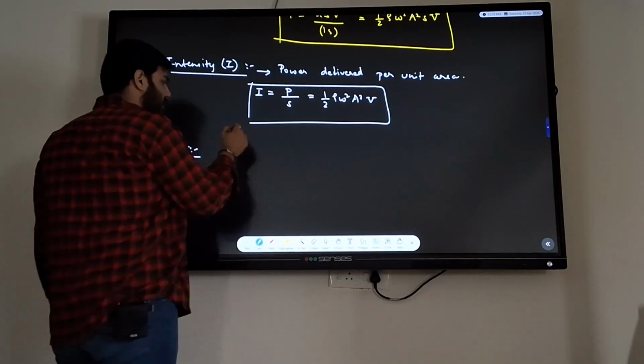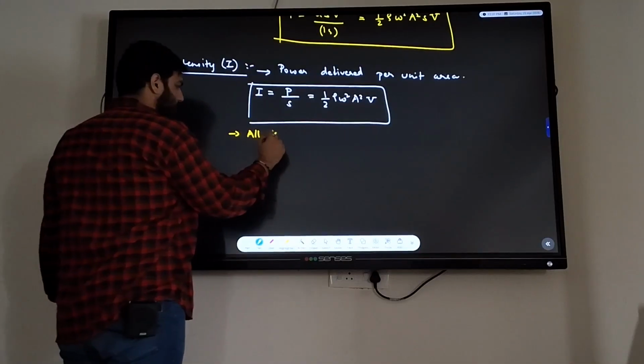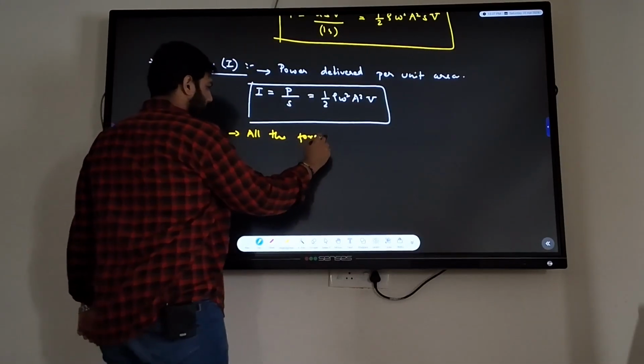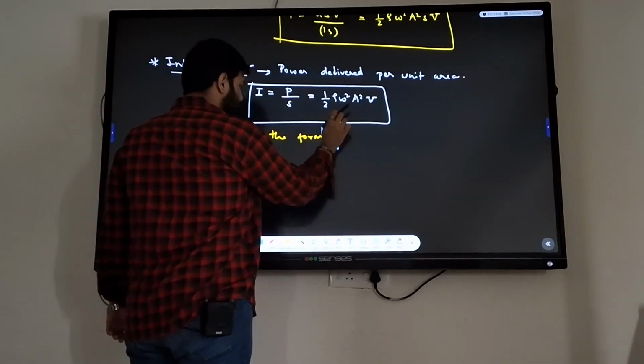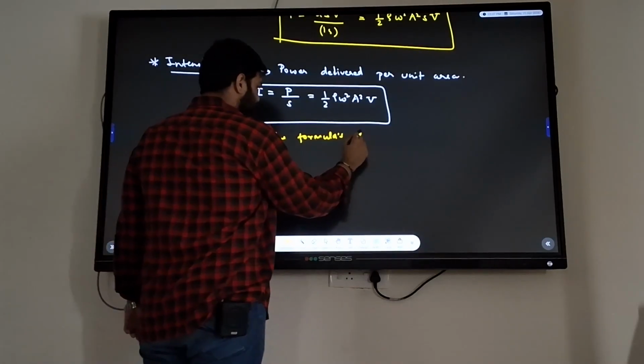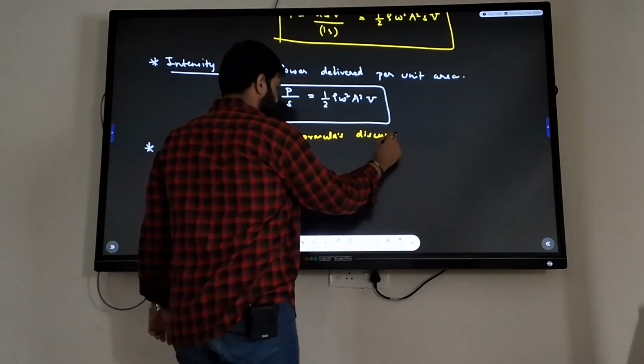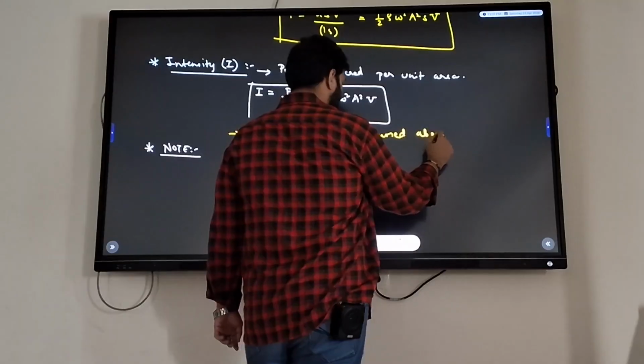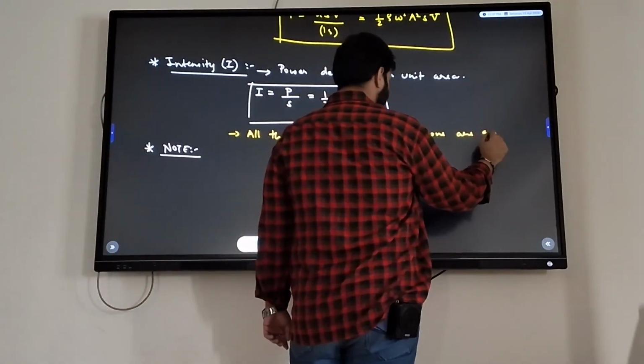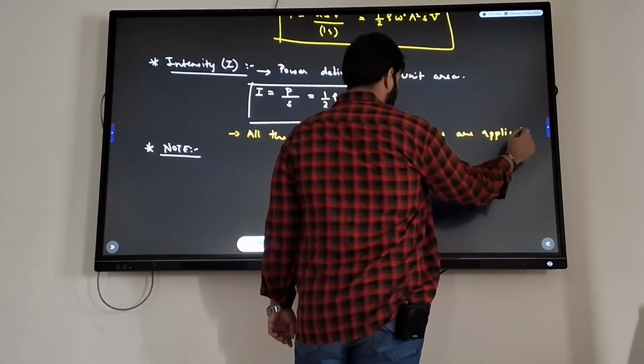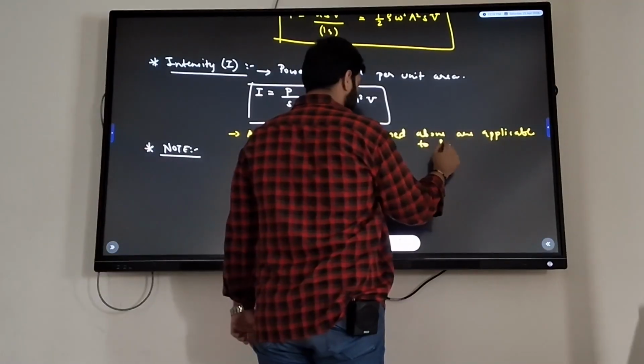I should also write this: the formulas discussed above are applicable to longitudinal waves.